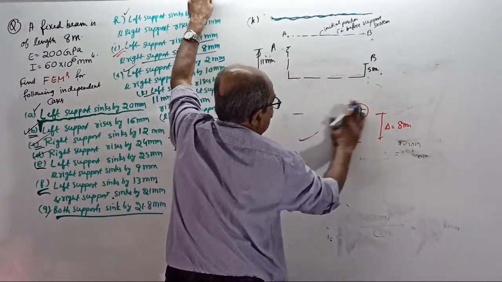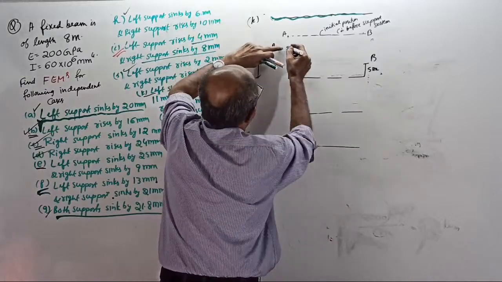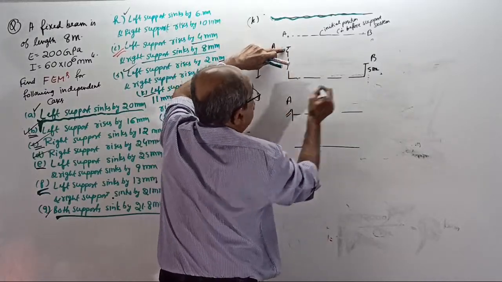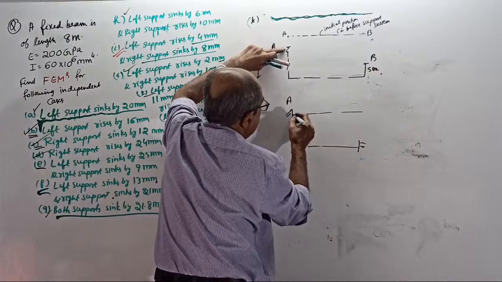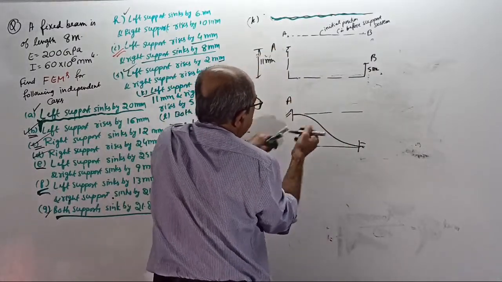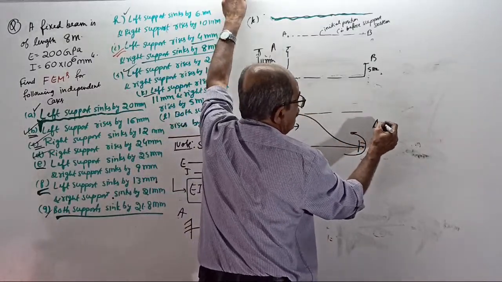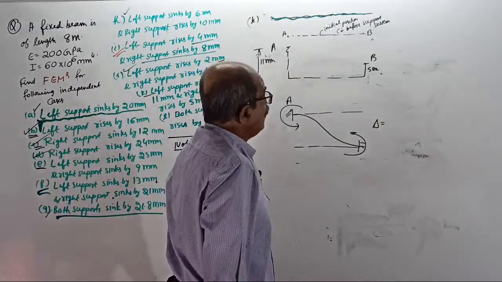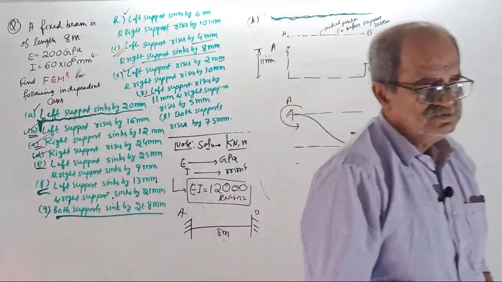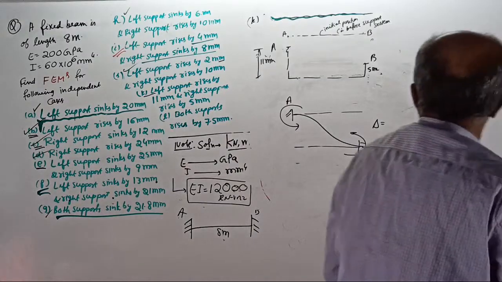Now, if I draw two parallel lines, A is on the upper side, B is on the lower side. The elastic curve will come this way. It goes this way, both moments are anti-clockwise. Delta equal to 6 mm, correct.